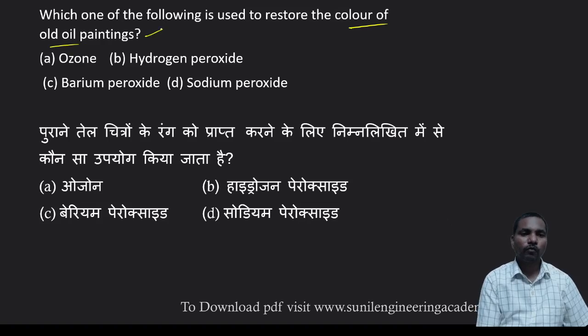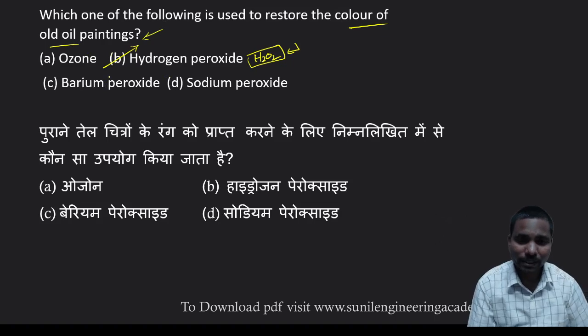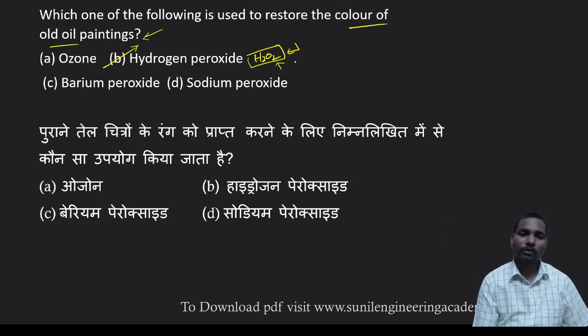If you want to restore the color of old oil paintings, we go with hydrogen peroxide, H2O2. It can remove any color shading or oils in it, and it gives back the previous look.